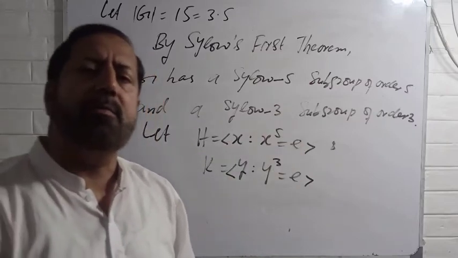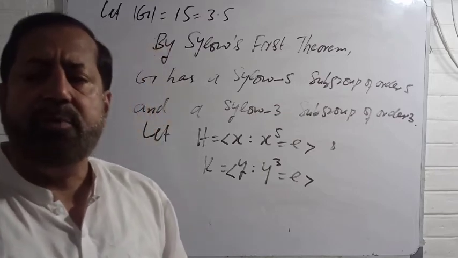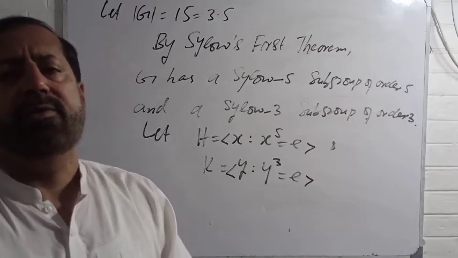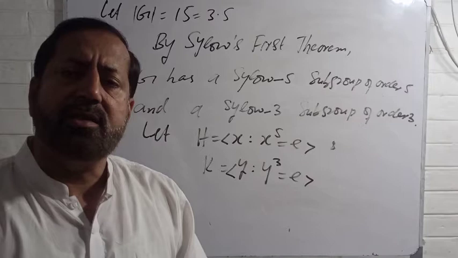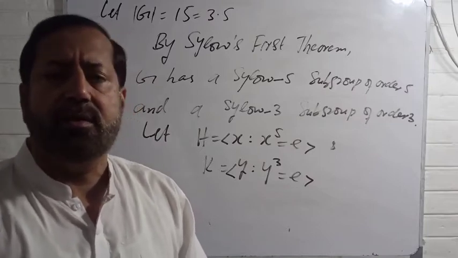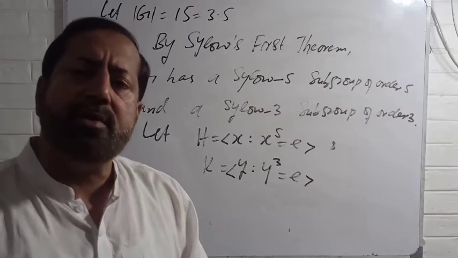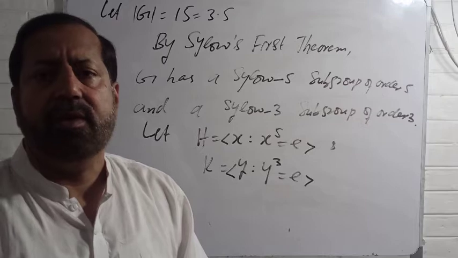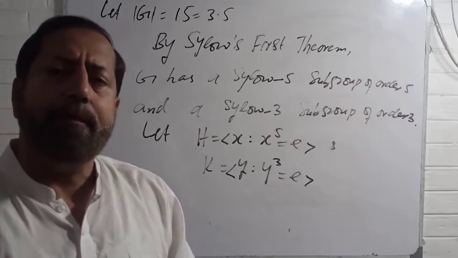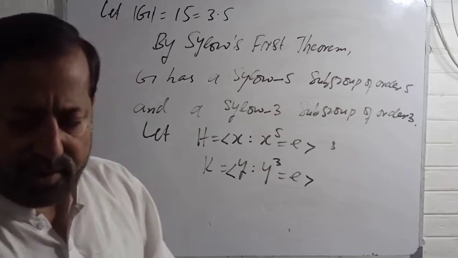That's why x, x squared, x cubed, x to the 4, all powers 1 to 4 are prime to 5. And we know that if G is a cyclic group of order n, then for any number k less than n, a to the power k also generates G if and only if k and n are relatively prime.